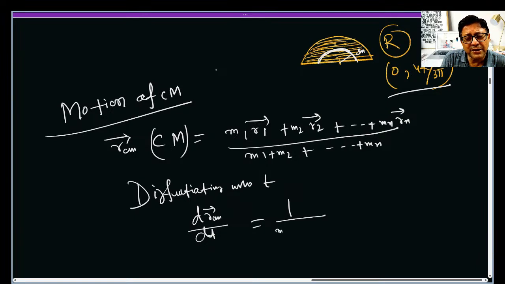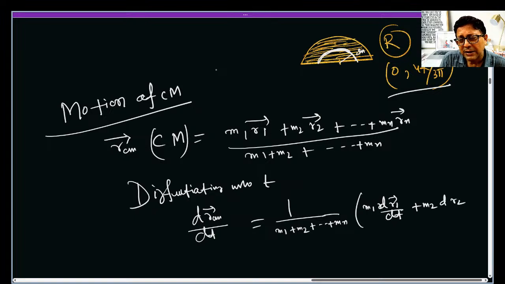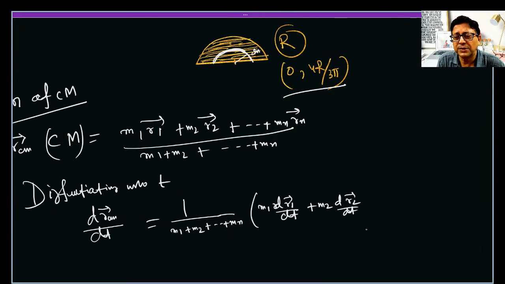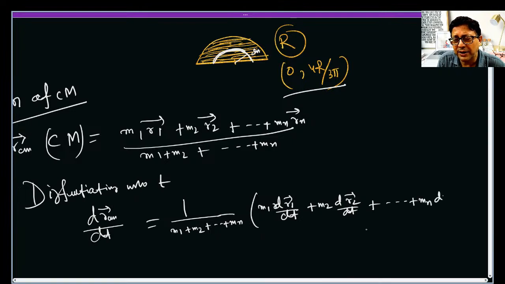You can keep it outside. 1 by m1 plus m2 plus mn. How will I get here? m1 dr1 by dt, m2 dr2 by dt. I will be differentiating term by term in the numerator. This is mn drn by dt.